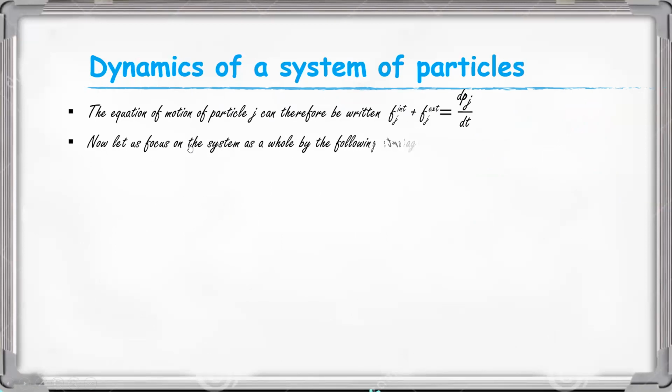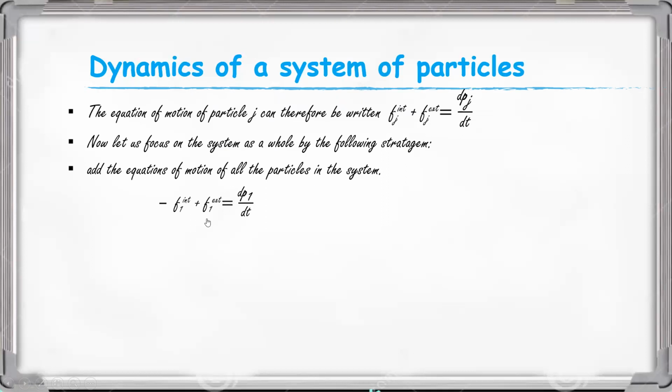Now, let us focus on the system as a whole by the following stratagem. Add all the equations of motion of all the particles in the system. For the first particle, the equation of motion is F1 internal plus F1 external, that is equal to dp1 by dt.